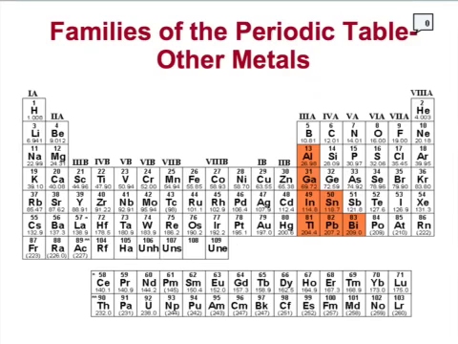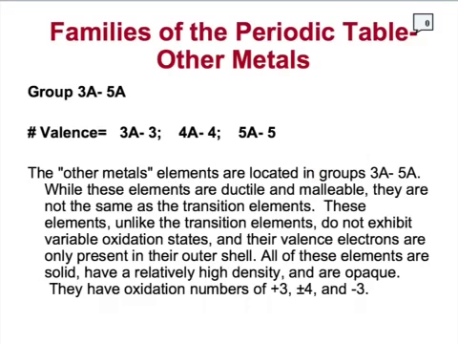Next, we have a group that we just call the other metals. Label the other metals on your periodic table in your packet. The other metals are found in groups 3A through 5A. All elements in column 3A have 3 valence electrons. The elements in column 4A have 4 valence electrons, and the elements in column 5A have 5 valence electrons.